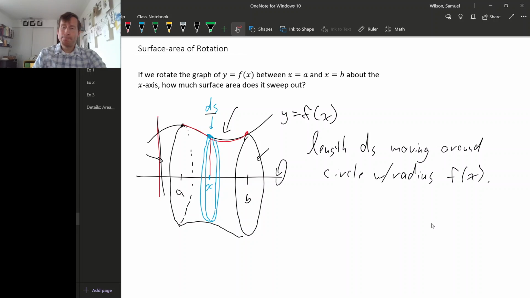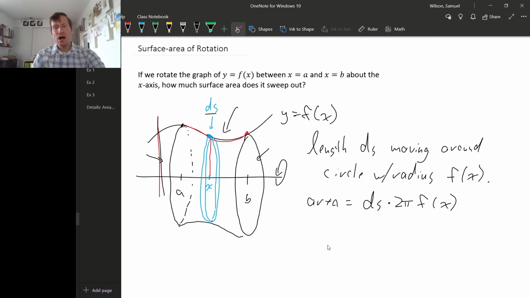So it seems like the area should be the length of the line segment that's moving, which is ds, times the distance that it moves. It's moving around a circle with radius f of x, and the circumference of a circle with radius f of x is 2 pi times the radius, which is f of x.